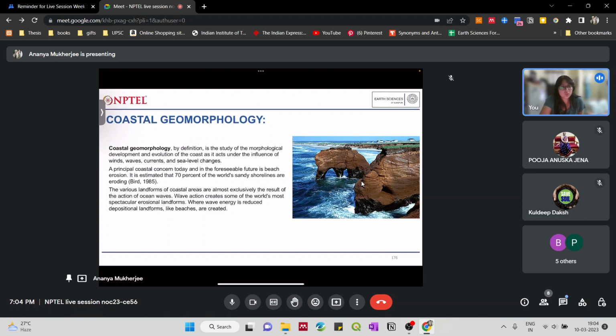Wherever you have lower wave energy, you will find depositional landforms. Sandy beaches are usually where wave action is low, and on rocky beaches the wave action is much more vigorous, with more erosion happening in those areas.